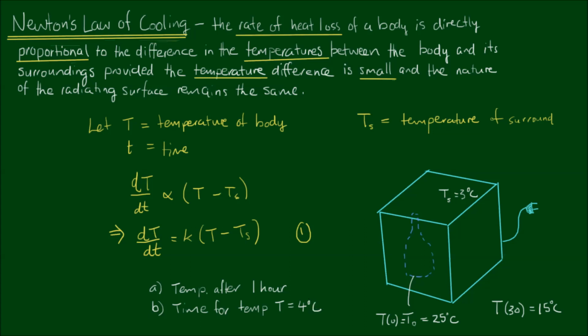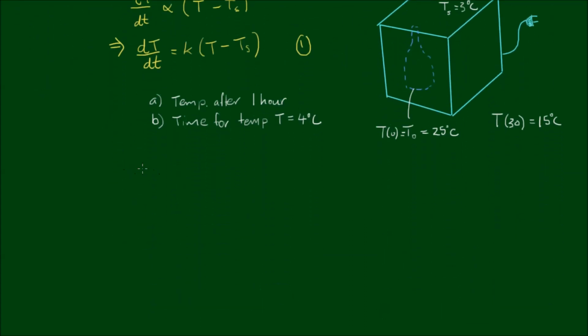Okay, so let's have a go at this problem. Now what I'm going to do is make a change of variable for this problem. So I'm going to let the function y of t equal big T minus T sub S, and that means then if we take the derivative of y with respect to time, we should also get dT on dt.